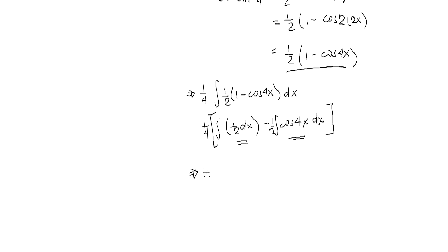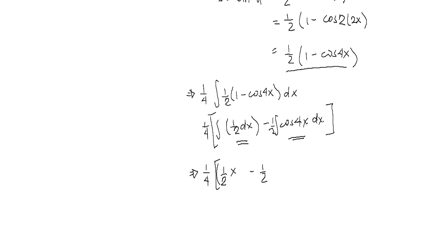So we have 1/4 multiplied by the integral of this. The integral of a constant is just this one, minus 1/2 times the integral of cosine 4x dx.